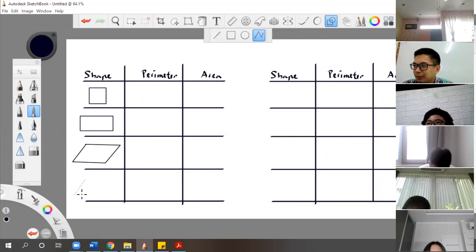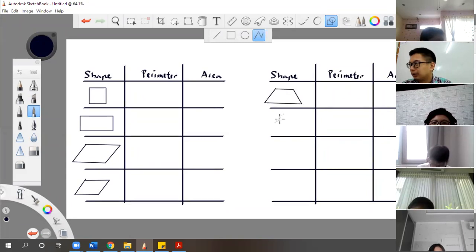Next, rhombus. Rhombus has the same sides here. And then trapezoid. Okay, there are still so much, kite. What am I doing? There you go.